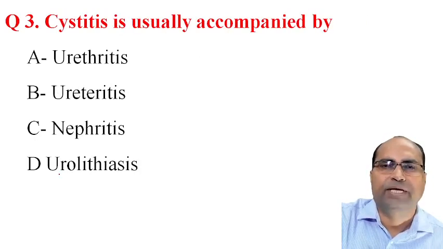Question 3. Cystitis is usually accompanied by: option A, urethritis; option B, ureteritis; option C, nephritis; option D, urolithiasis.